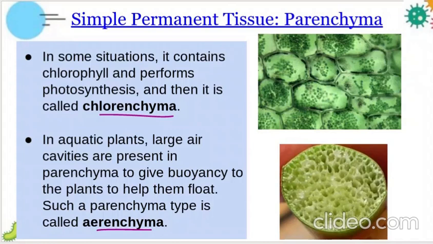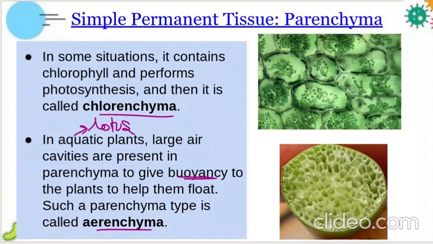And second one, aerenchyma. Air is coming in it, right? So in aquatic plants such as lotus and water lily, there are large air cavities present inside this parenchyma to give buoyancy. Buoyancy means the floating principle, right? So that they can easily float on water. And they are known as aerenchyma.